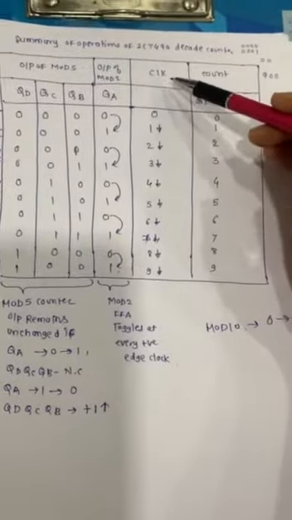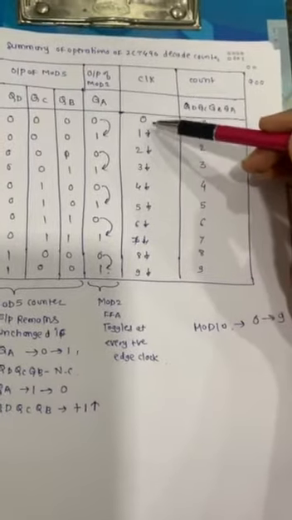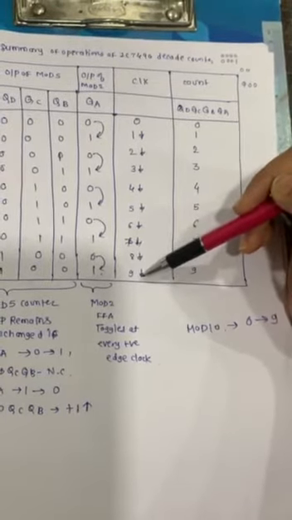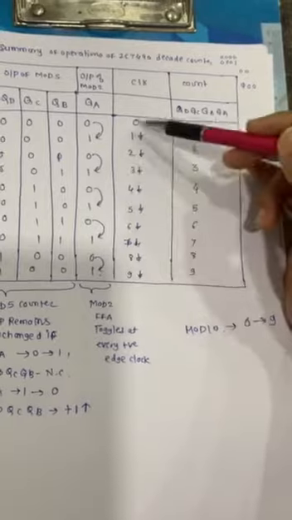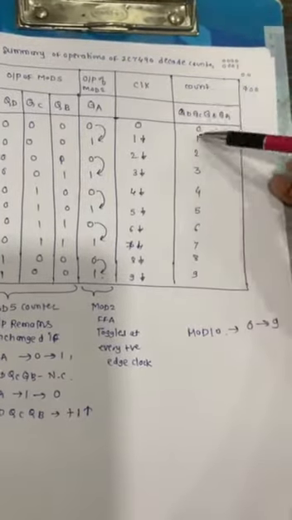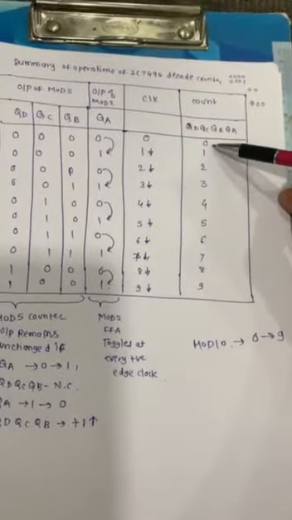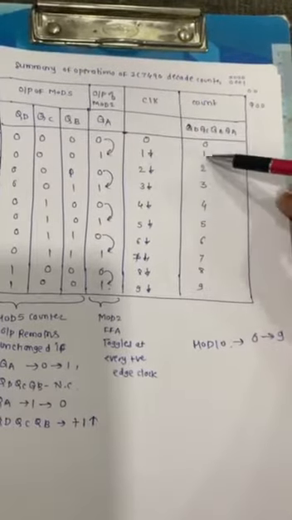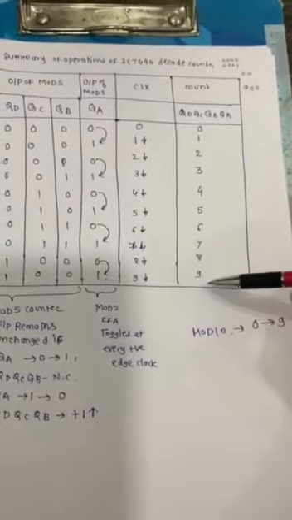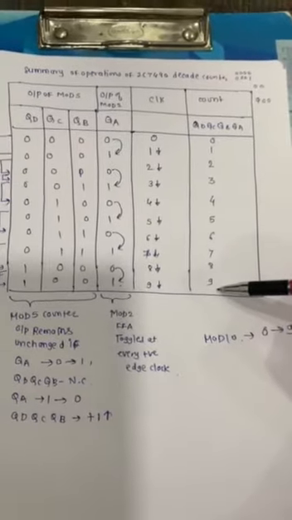Here is the clock; at every falling edge the flip-flop changes its output. We show all 9 clocks and the count. At the start it counts 0, at the first falling edge it shows 1, and at the 9th falling edge it shows 9, right?